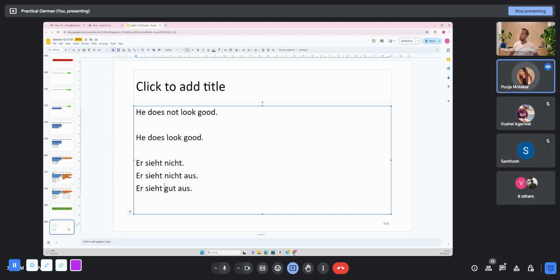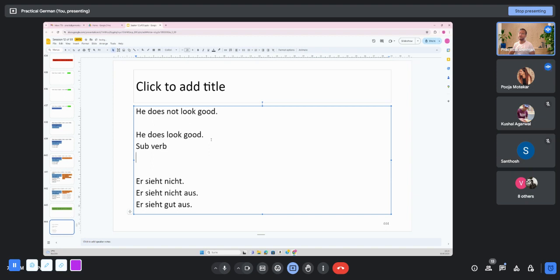We need to write the prefix after the nicht, or we need to write the verb at the end? At the end is the prefix, right? Normally you have subject and you have verb, but the verb can be separable.